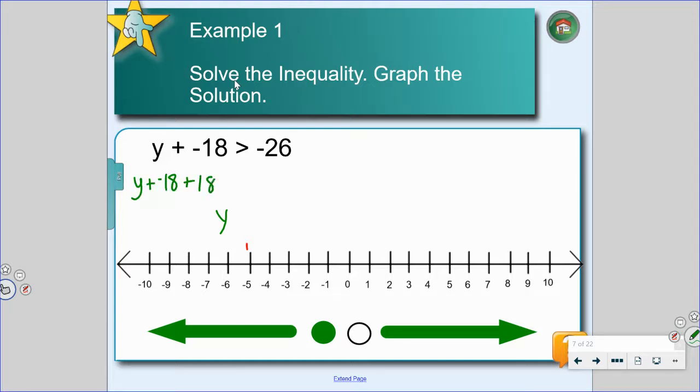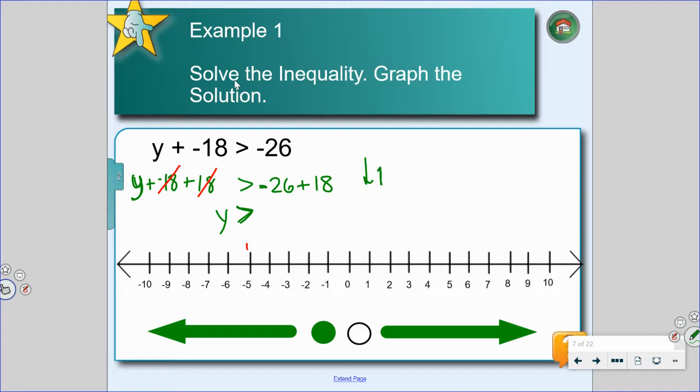With a +18, of course, but we must be fair to both sides. In this case, -18 + 18 makes 0. Not that you have to write 0. Hey, look, y is by itself and alone. Remember, please, that when adding or subtracting, the inequality sign does not change. So it's still going to be y is greater than -26.